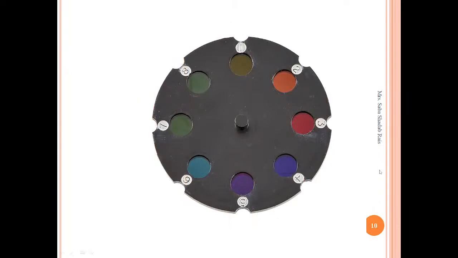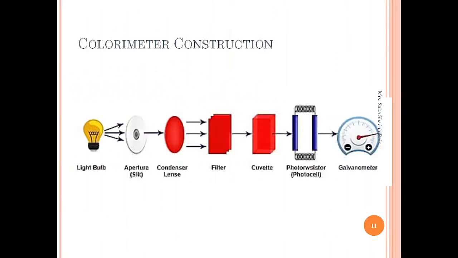Now if you select the wavelength, this filter is going to allow only that particular light from the visible spectrum. Now how does it happen? For that we need to understand the construction of this instrument.